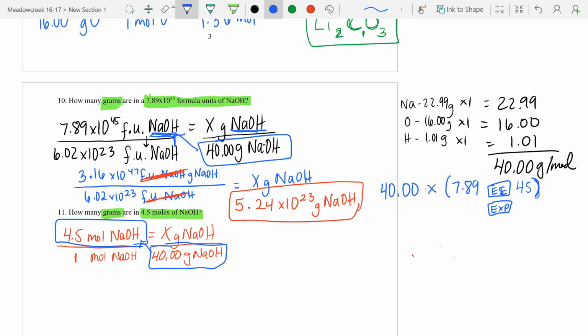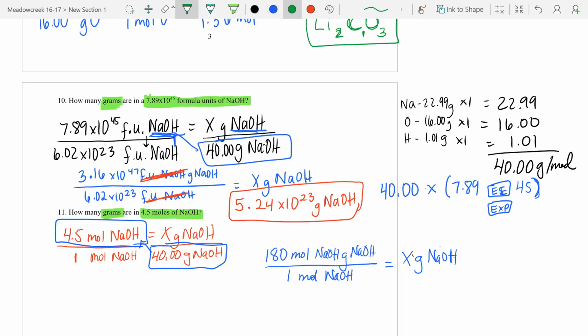So I'm just going to multiply this by this. In our calculator, we have 40 times 4.5, which gives us 180 moles of NaOH, grams NaOH, over 1 mole of NaOH equal to X grams of NaOH.